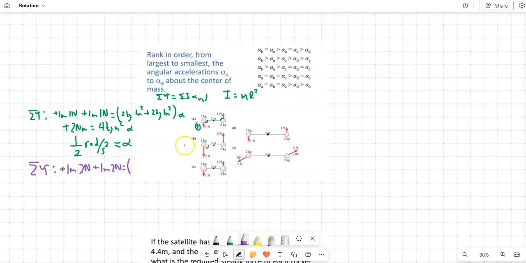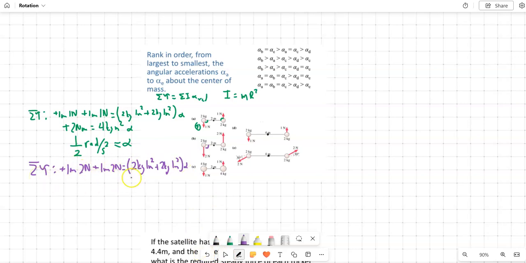Now let's sum the moments of inertia. It's going to be 2 kilograms times 1 meter squared plus 2 kilograms times 1 meter squared, times alpha.